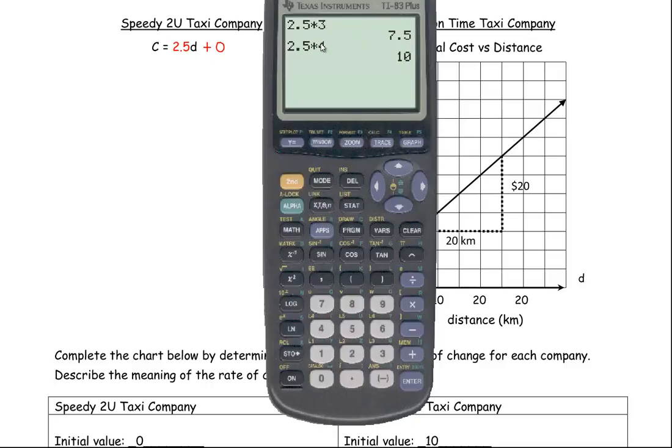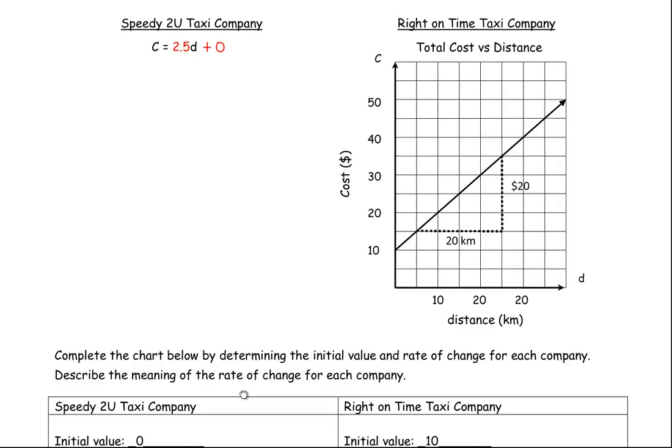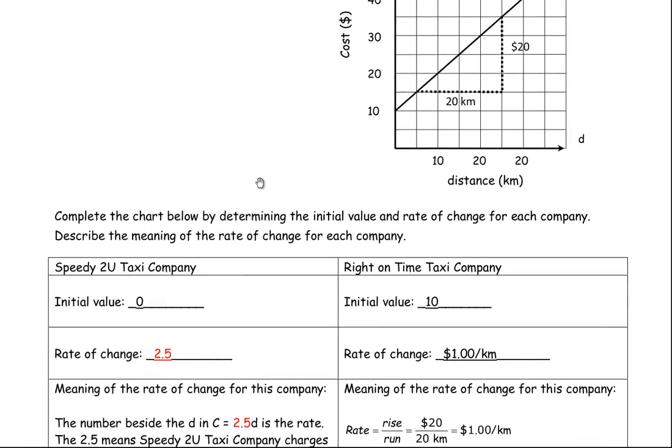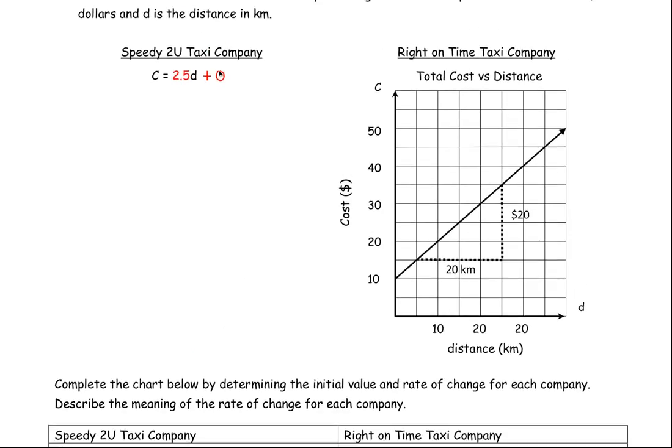To go that 1 extra kilometer, you're being charged another $2.50. See, this 2.5 is actually $2.50 that we're multiplying by the distance each time. So the rate is 2.5. That's the rate of change for the Speedy to U taxi company.